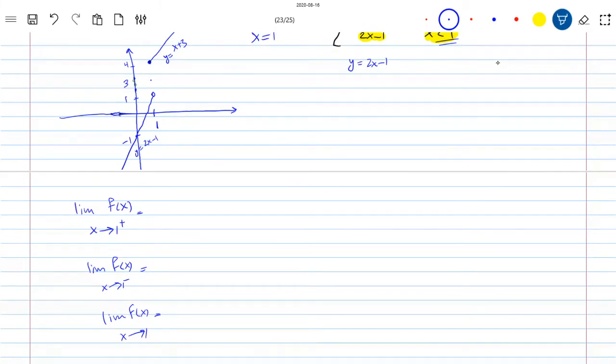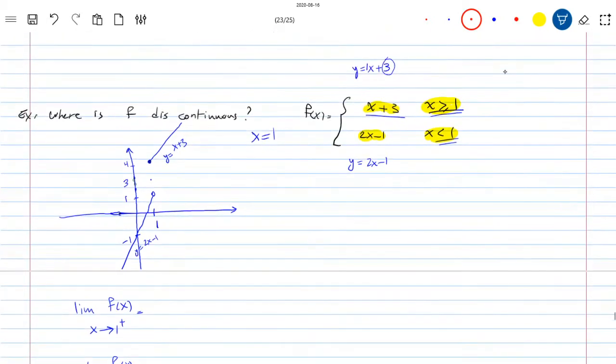So now if you look at the first one, what is the limit of the function as x approaches 1 from the right side? If you follow the graph, you will see that as x approaches 1 from the right side, the y value must be 4. But if you don't have the graph, you can always say x approaching 1 from the right side means a number greater than 1.